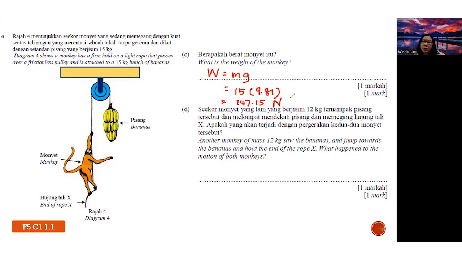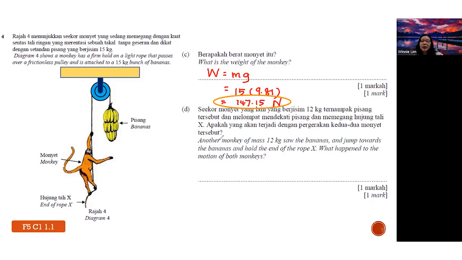Make sure you write the unit. Of course, you can just straight away write the final answer only if you want to. But if you know the formula, you can show the substitution, you can also show the whole thing. Because sometimes maybe you press calculator wrongly, but if you show the substitution correct, sometimes they may also give you the marks depending on situations.